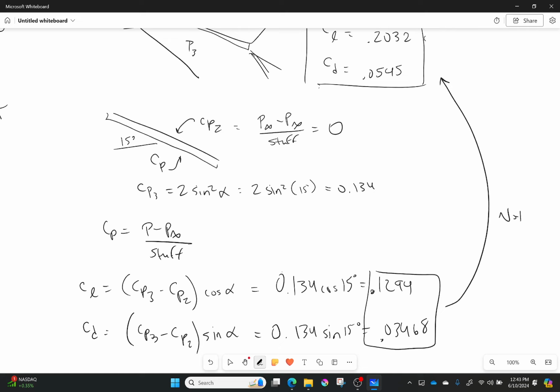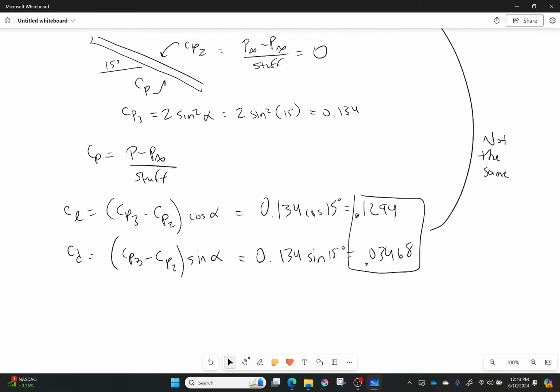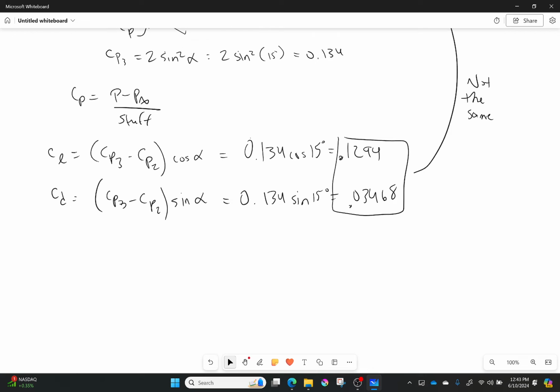Not the same. Not the same at all. As a note, as I get to higher and higher speeds, this will be better and better approximated by Newtonian theory. But I'm not there yet. So it doesn't do a very good job. Now, one thing that might surprise you, though, is that lift over drag exact and lift over drag Newtonian theory are exactly identical.